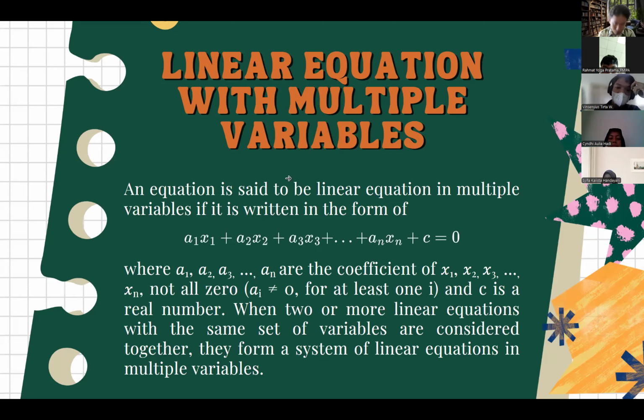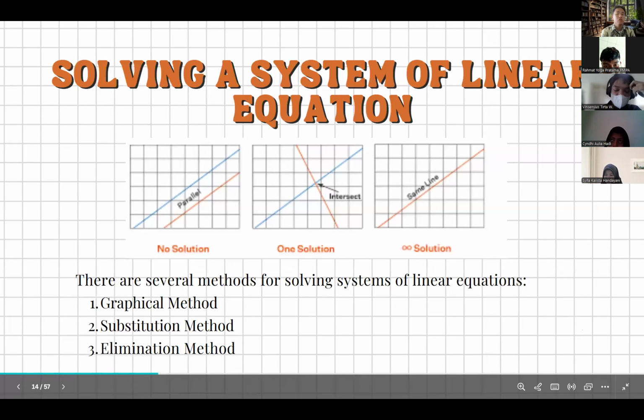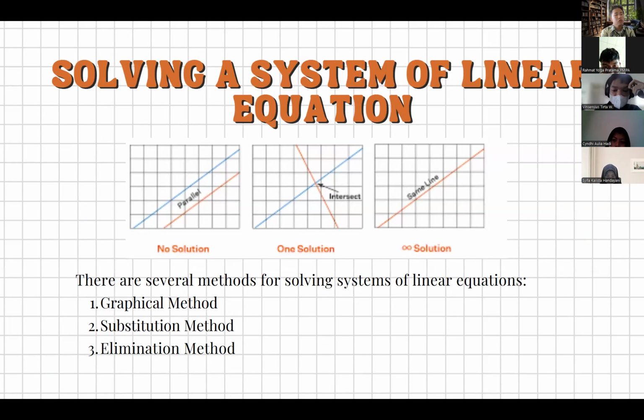Next slide. Okay, there are three types of solution in a system of linear equations. The first one is no solution, where no lines intersect with each other, so the lines are parallel. The next one is one solution, where the two lines intersect at one point, and then infinitely many solutions, where all the lines intersect at all coordinates.